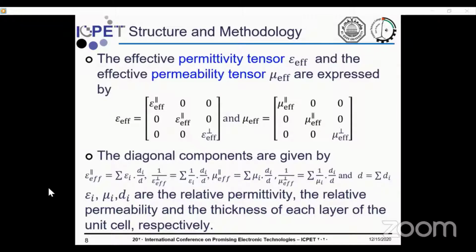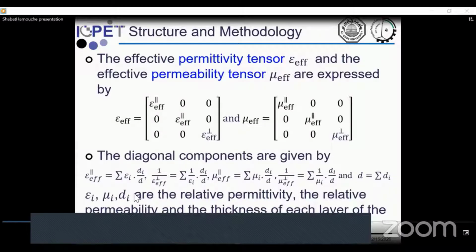The effective permittivity tensor and the effective permeability tensor mu effective are expressed as you can see. The diagonal components are given by these equations, taking into account the relative permittivity and permeability and thickness of each layer of the unit.